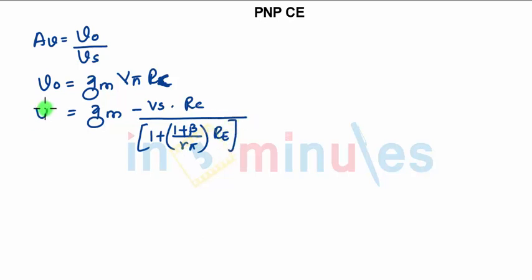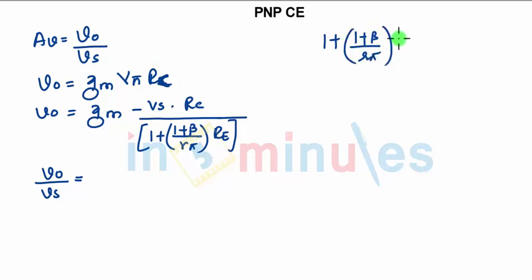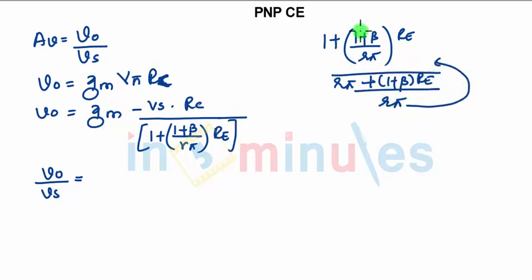So this I have got as Vo. When Vs goes to the other side, you are left with Vo upon Vs equals, now simplifying the denominator, 1 plus beta upon R pi into RE. When simplifying this, it will be R pi plus 1 plus beta RE, the whole divided by R pi, and when this R pi goes to the numerator, it will be multiplying with this term.